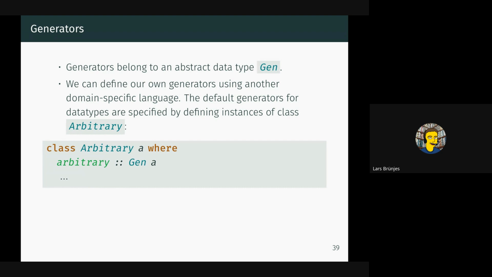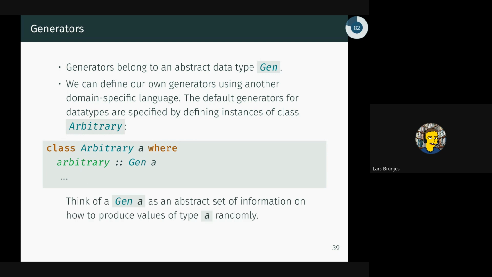That's the part that's responsible for generating random elements. And that's why this type Gen A, where Gen is an abstract type. It's not exposed by QuickCheck, but you can think of it as a random generator for A's. Somehow it's a type that contains information about how to generate random values of A's.